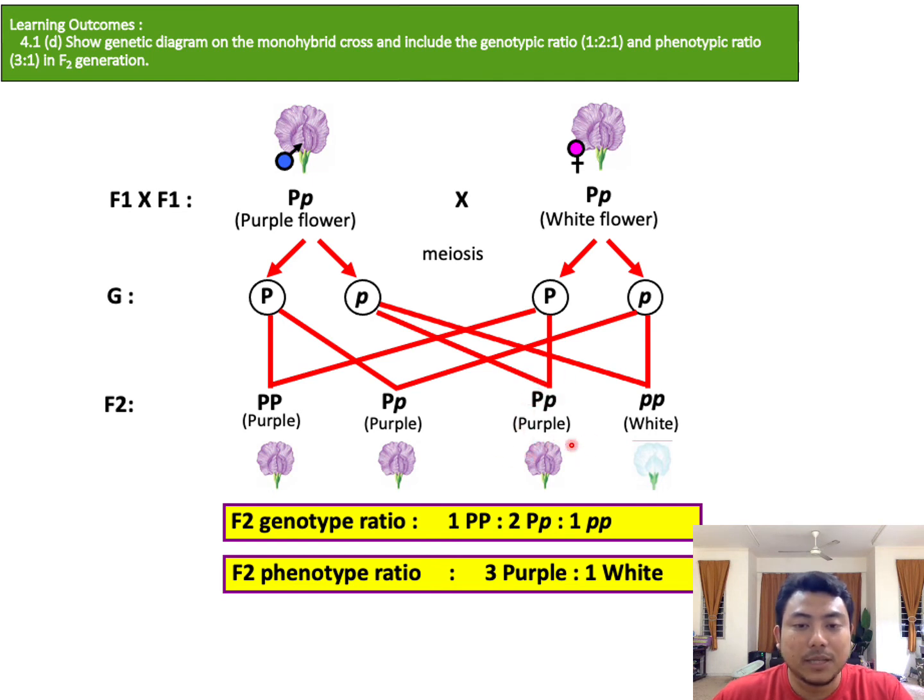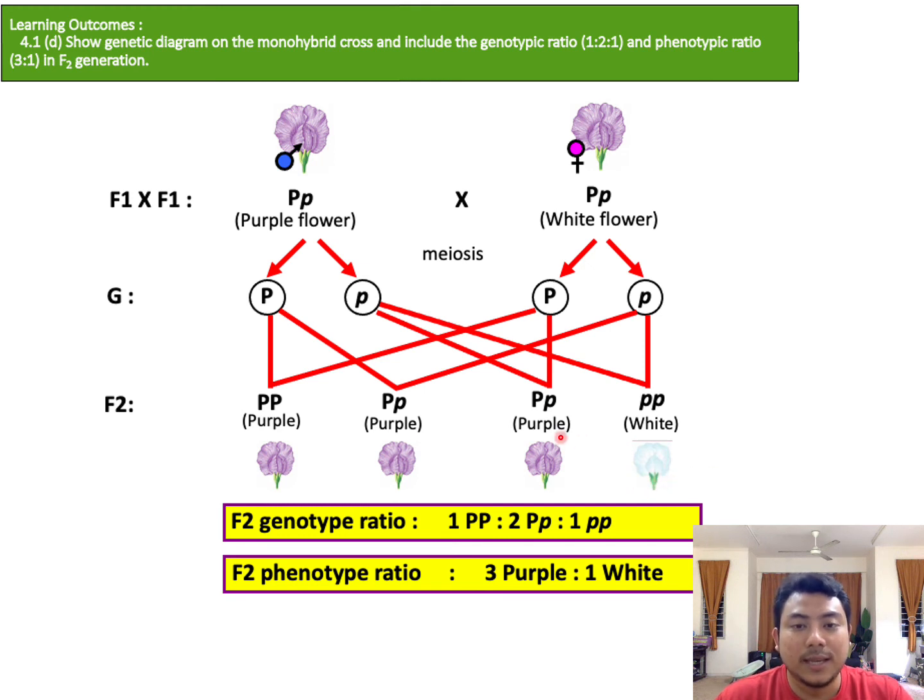And phenotypically, apa yang kita nampak still adalah purple color. And finally, what if this sperm here carrying P kecil fertilized with ovum with P kecil juga as well. So you have here P kecil P kecil, where the flower of the plant is white in color.